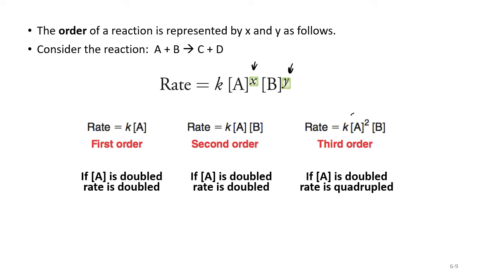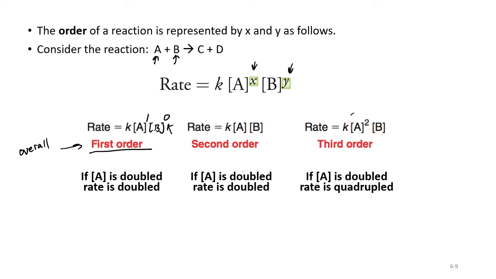Let's say x is 1 and y is 0 for the other reactant B. That means the concentration of reactant B does not have an effect on the rate. The rate is only dependent on the concentration of A. So we say that the reaction is first order. This is your overall reaction order.